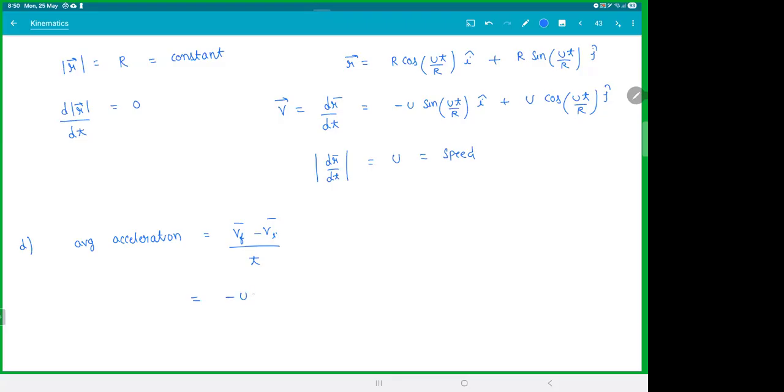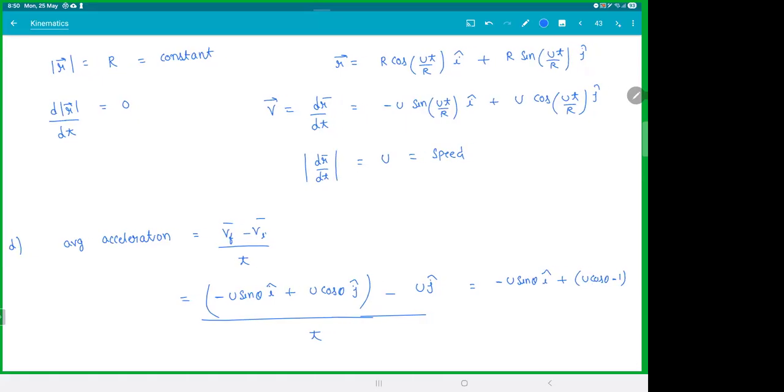V final is minus U sin theta I cap plus U cos theta j cap. What was the initial vector? It is going up, U j cap, by time. I didn't ask you for magnitude, so I can leave it like this. If I ask you for magnitude, you will get something similar to the displacement, average velocity thing. 2u sin theta by 2, you will get the same stuff. So that's fine.